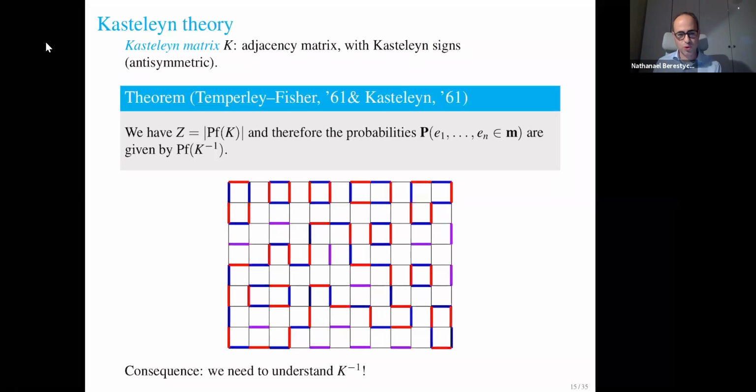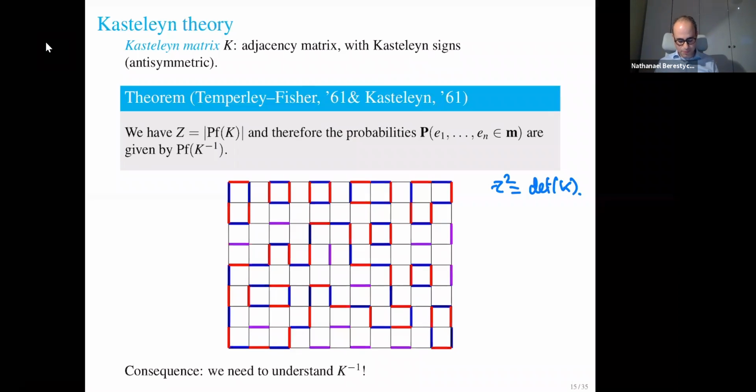So let's show that Z squared is equal to the Pfaffian squared. I've not defined the Pfaffian, but it turns out one way to define the Pfaffian is such that the Pfaffian squared is the determinant. So in fact, what we have to show is that Z squared is equal to the determinant of K.